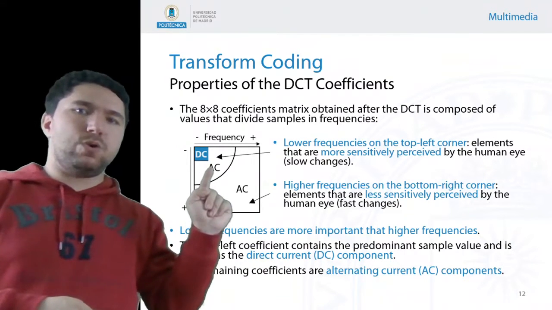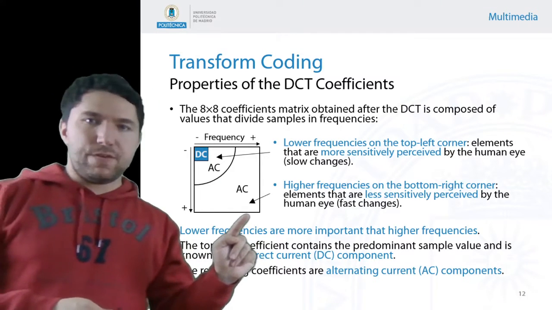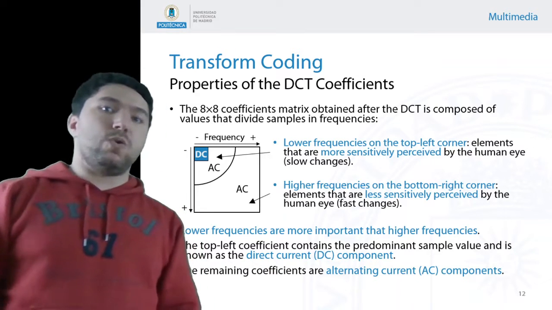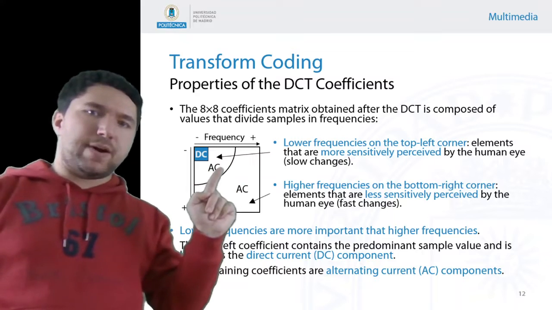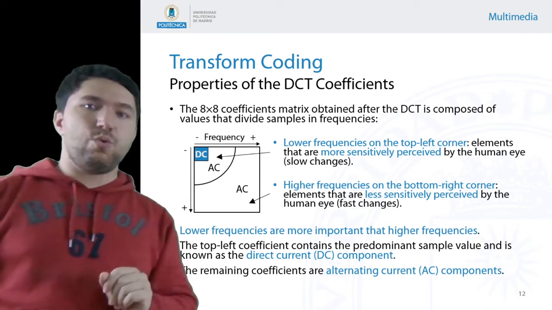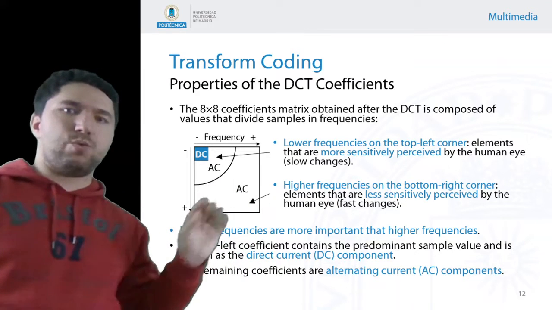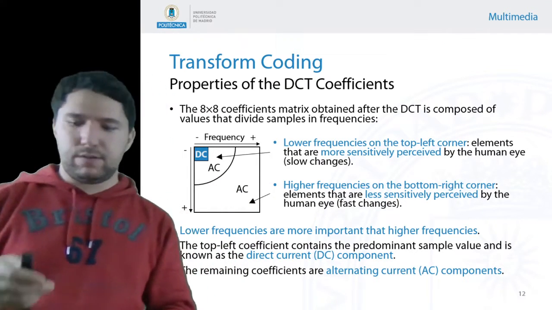Then when we go to the bottom right corner, the coefficients are less and less important. So maybe only keeping the DC and this part of the AC coefficients will be enough to represent all the other coefficients that we have in the original block of pixels.